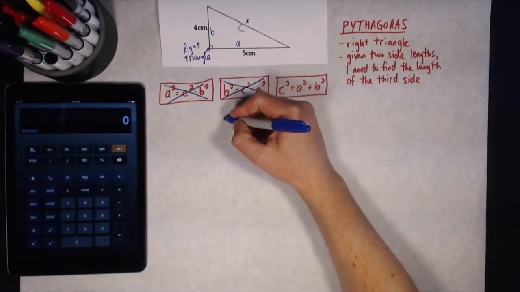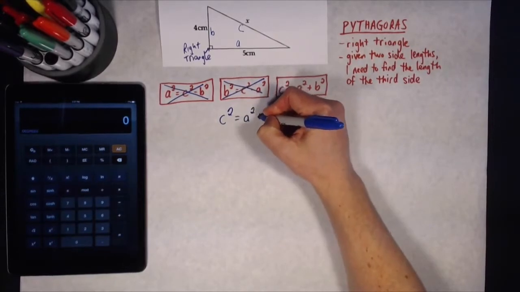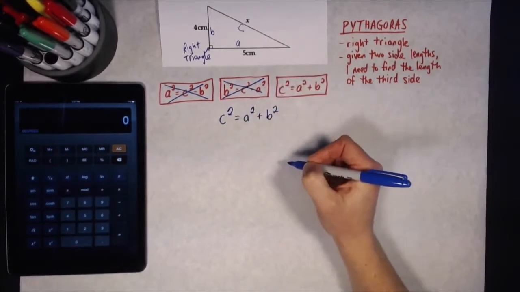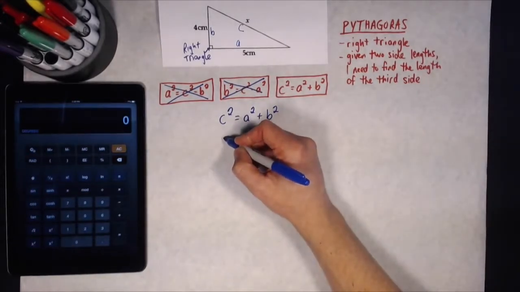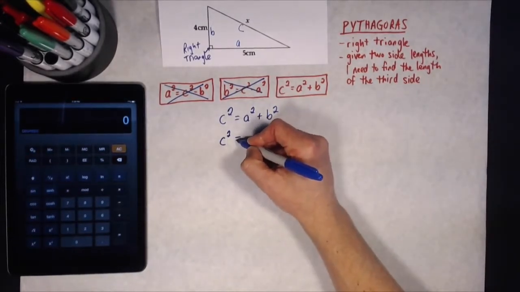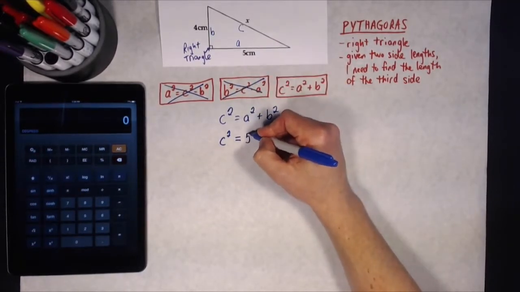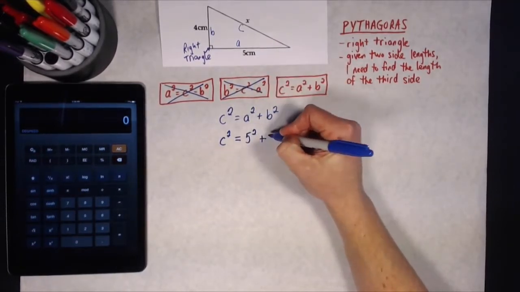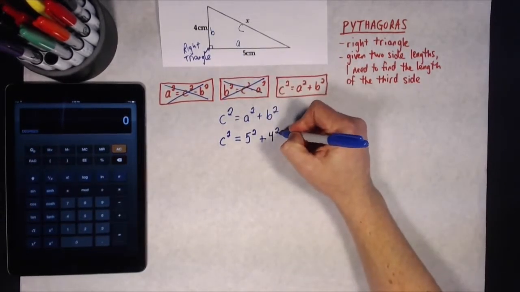So if I rewrite it, c squared equals a squared plus b squared, just so I can line it up more easily. And I know I don't have a value for c yet, so it'll just remain c in the formula. Instead of writing a, I'm going to write 5, because that's the measurement I was given. And instead of writing b, I'm going to write 4, because that's the measurement I was given.